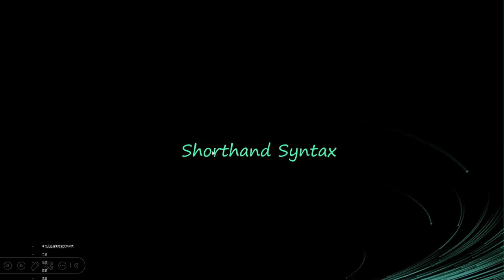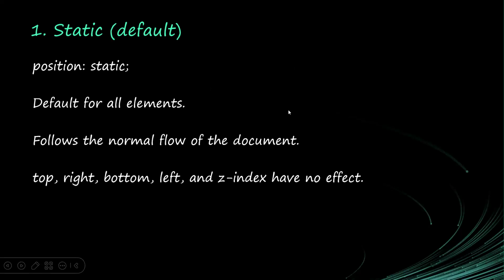Okay. So the first position is static. Elements have this property called position. The first one is static, and that's the default. Wherever you put the element when you're designing your HTML, in your document structure, that is where it will be. So static follows the normal flow of the document. It obeys whatever you say. You told the element you must be here, and they are there. They don't change.